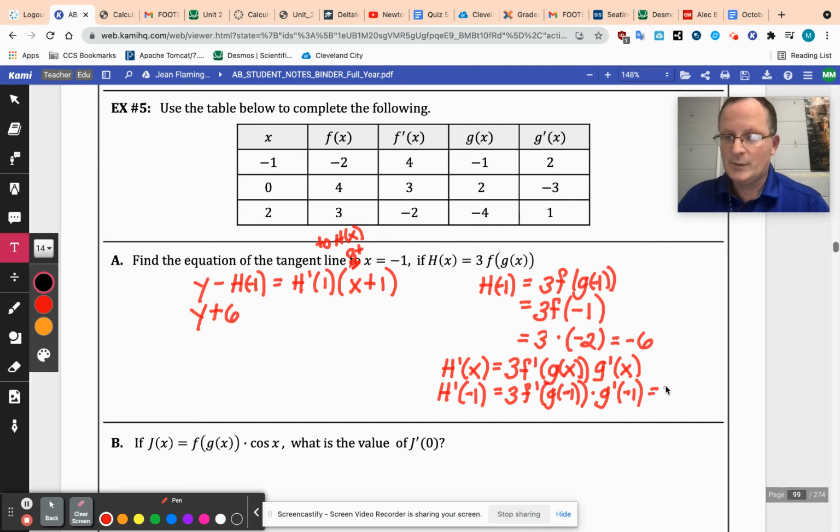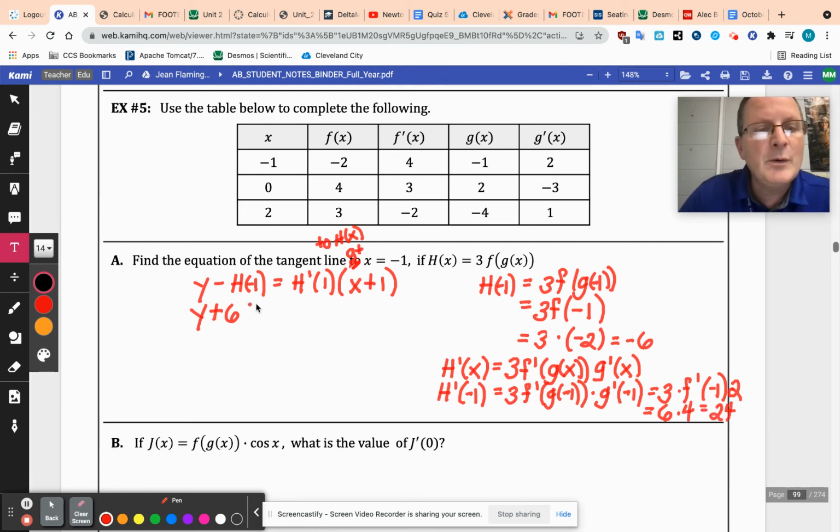So this is 3 times f prime of g of -1, and g of -1 was -1. Okay, g prime of -1 is 2. So this gives me 6 times f prime of -1, which is 4. So that is 24.